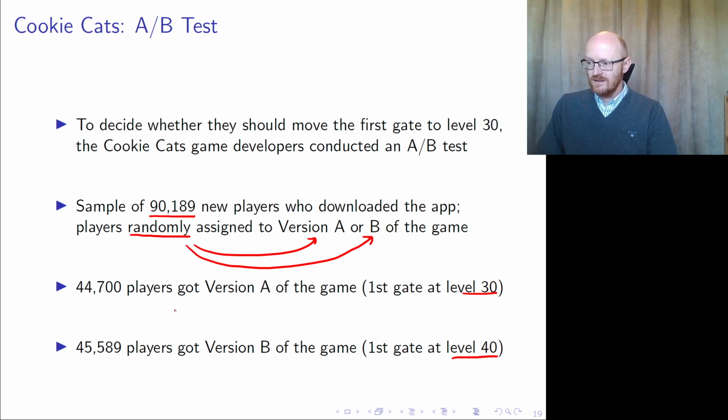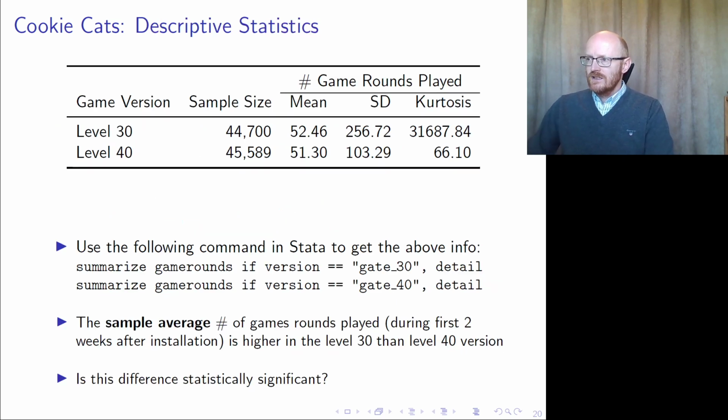So those who got version A, they are in the first group, and version B, they are in the second group, because you want to know if version A, the new version, is better than the old version, right? So if you have some descriptive statistics, you put the data in your program, you run the commands, and you get the descriptive statistics.